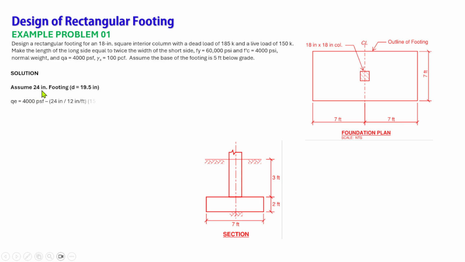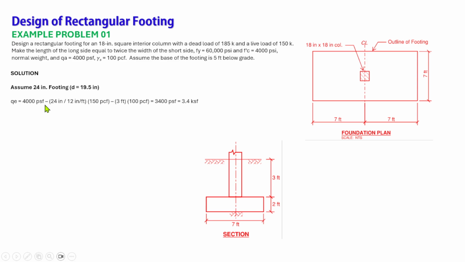So we assume a 24 inches footing, with the cover measured from the face to the center of the steel. So 24 minus 4.5, that is an effective depth of 19.5 inches. So we will calculate the effective soil bearing pressure, which is 4,000. We will remove the pressure due to the concrete and the weight of the overburden soil.